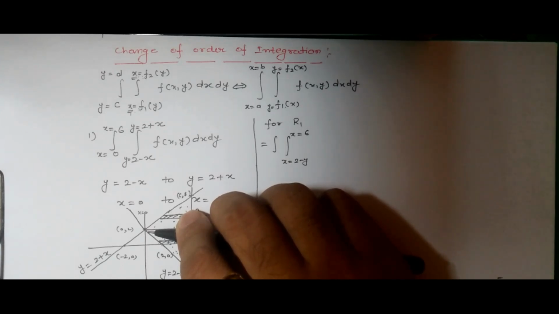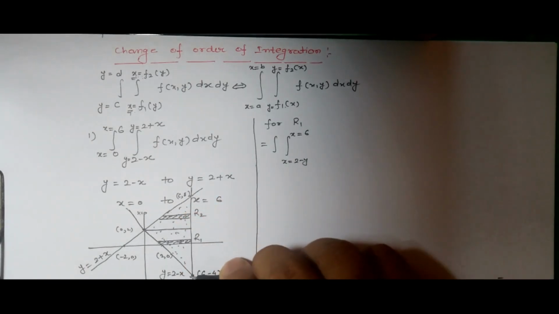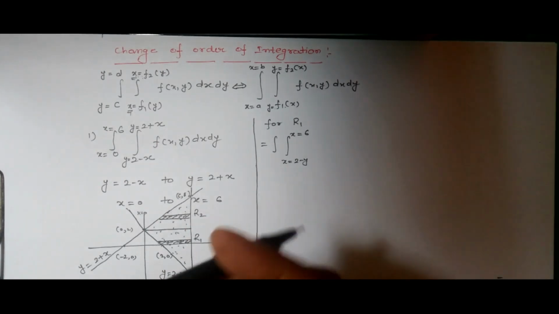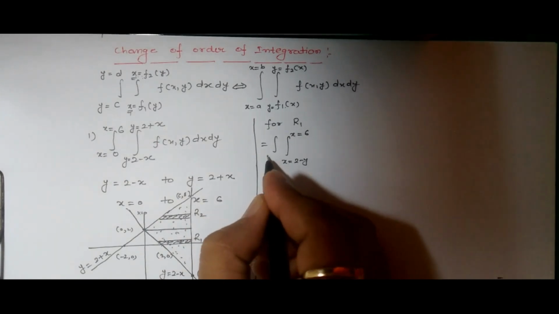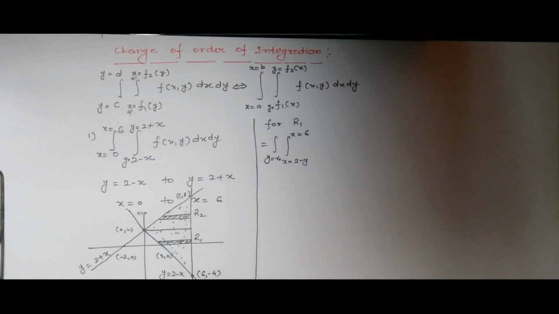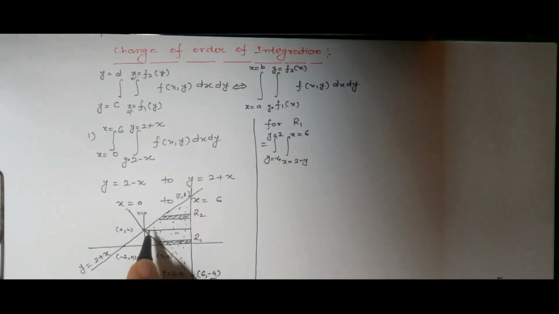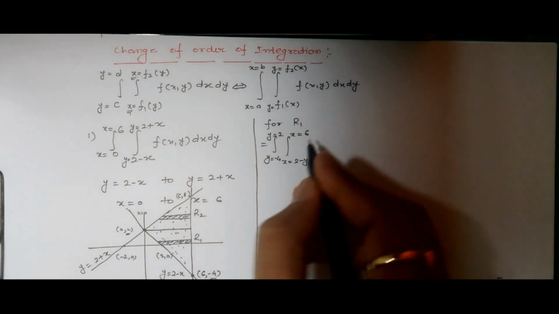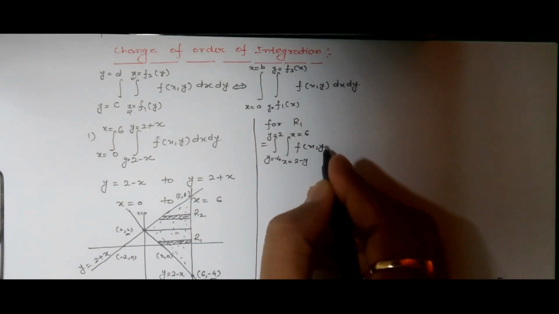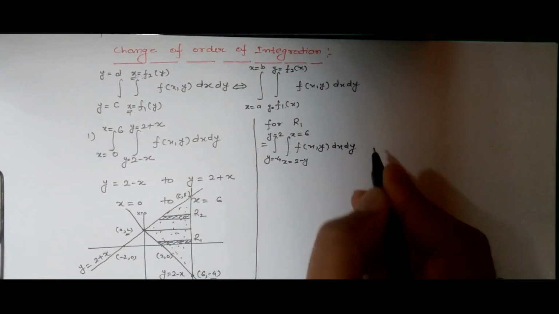You move left to right if you are thinking horizontally, and down to up if you are thinking vertically. So from y is equal to minus 4 to y is equal to 2, that is on this line, f of xy dx dy.